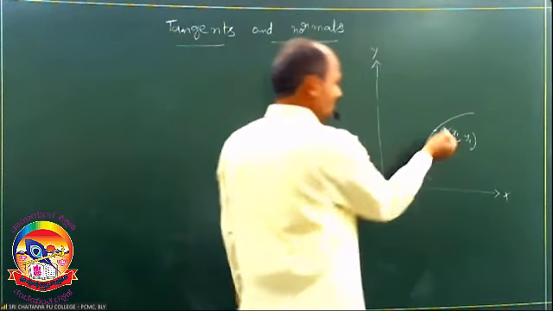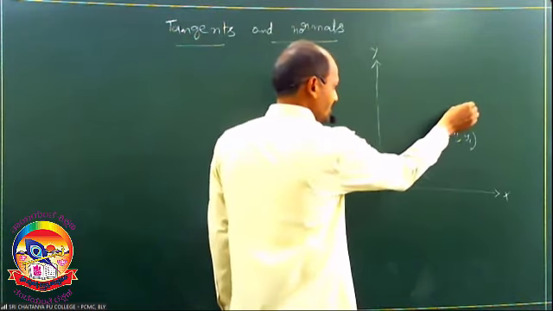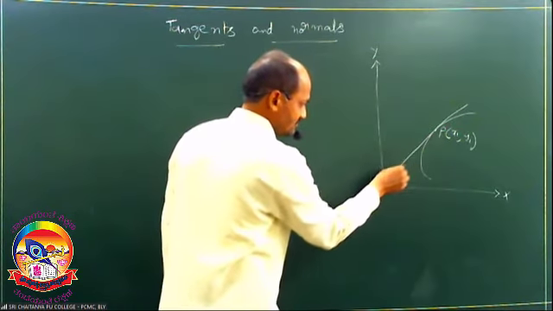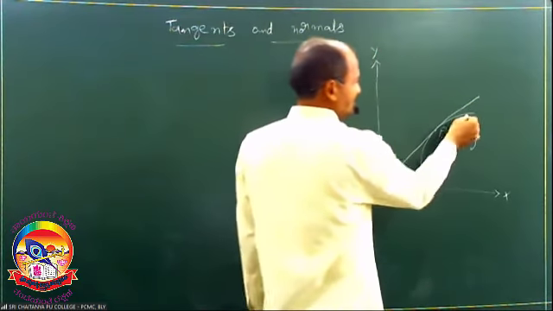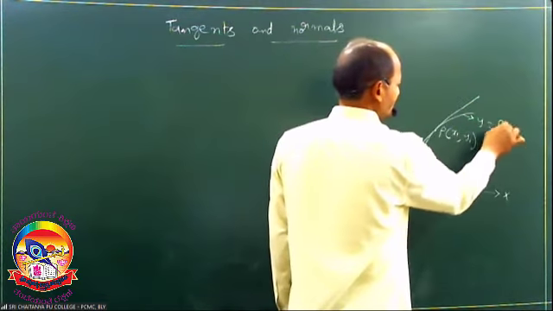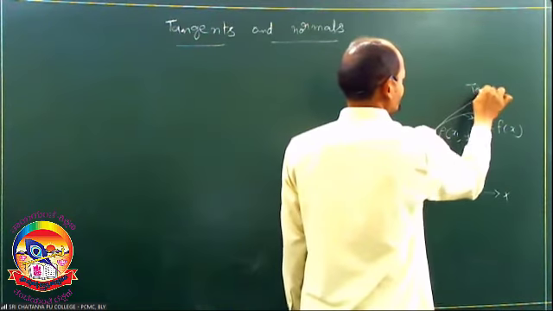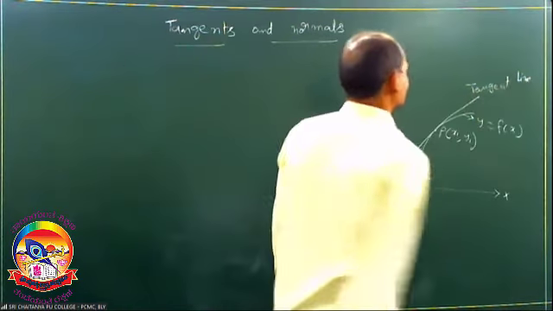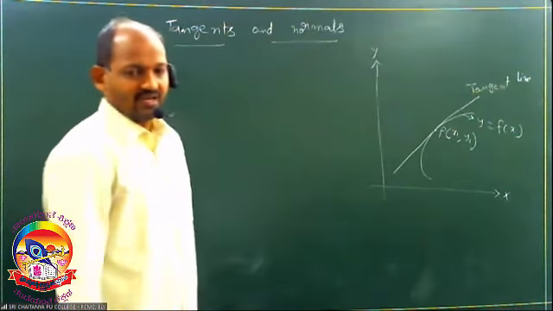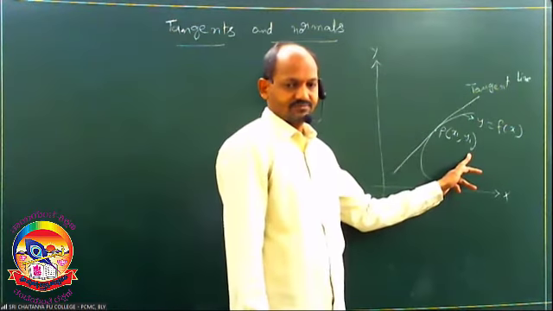The line that passes through this point and touches that curve is a tangent line. It is the curve y is equal to f of x. It is a tangent line. So the line touches the curve at the point x1, y1.